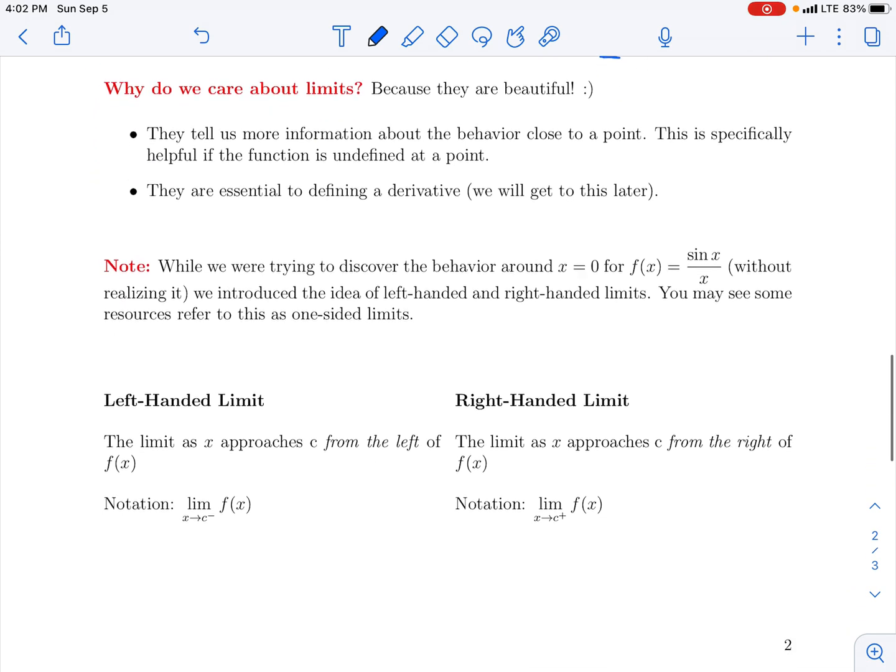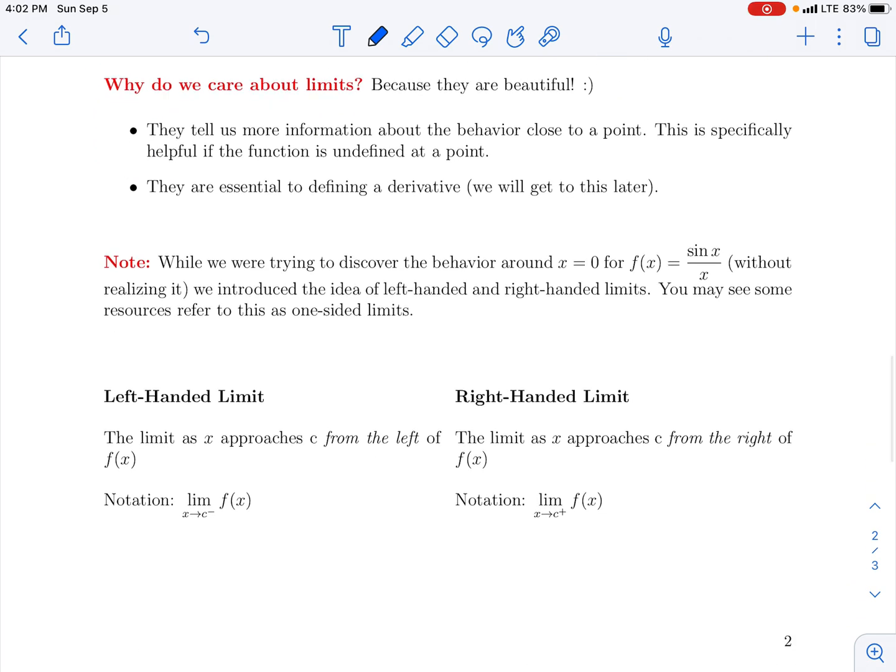Okay. Now some of you might be wondering, why do we even care about limits? Other than the fact that I think they're beautiful, this tells us more information about the behavior close to a point. And this is specifically helpful if the function is undefined. In our example in the first video, if we wanted to know the function value at 0, we would have just said, oh, it's undefined, and then we would have been done with it, right?